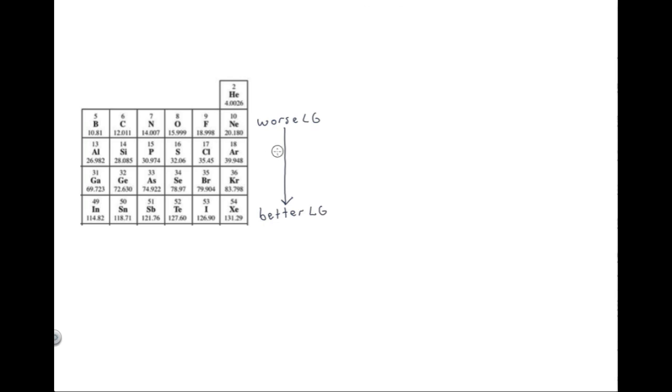The next thing I wanted to discuss is to compare this trend for leaving group ability with the trend we learned earlier for nucleophile ability. When we move down a column in the periodic table, leaving group ability improves. Do you remember what the trend was for nucleophile ability when you move down a column in the periodic table?